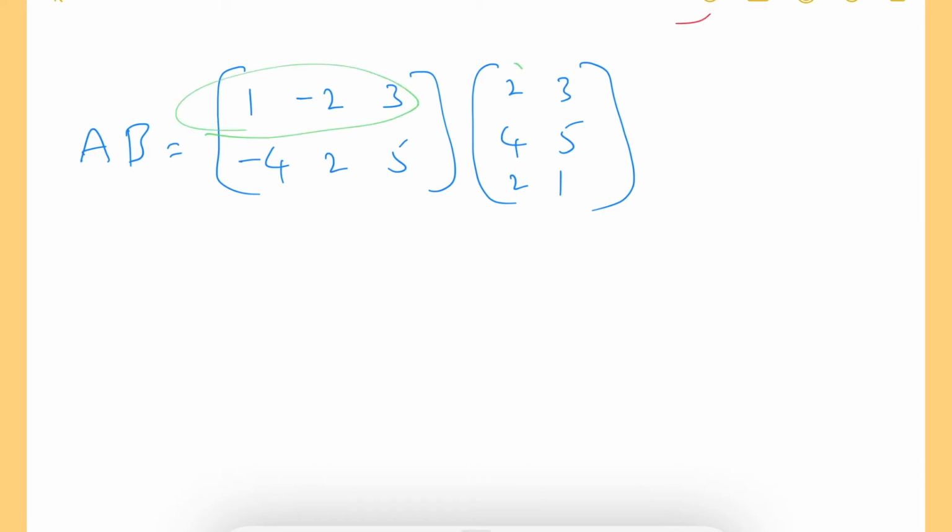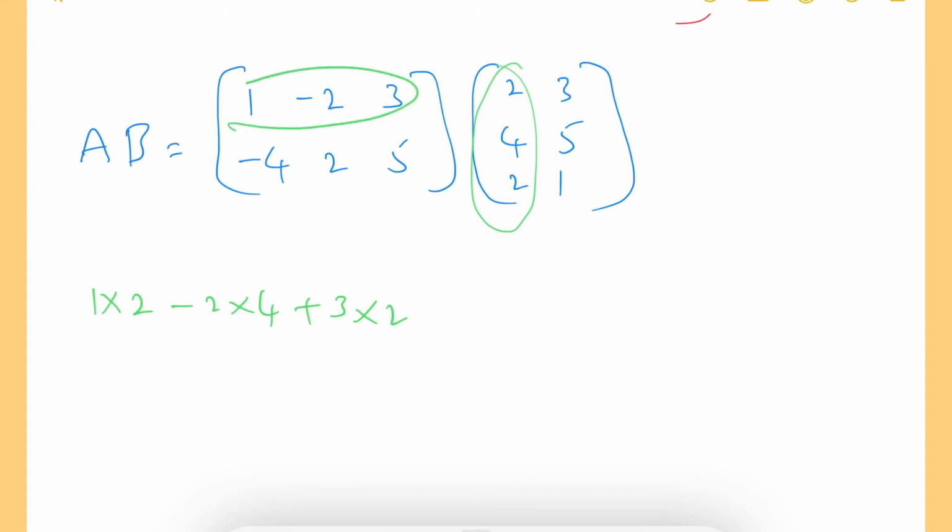First row multiply with the first column: 1 into 2 minus 2 into 4 plus 3 into 2. Next, first row multiply with the second column: 1 into 3 minus 2 into 5 plus 3 into 1.